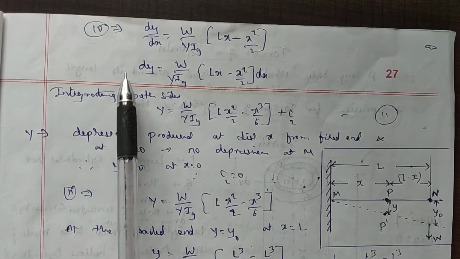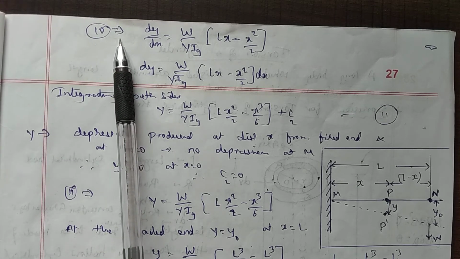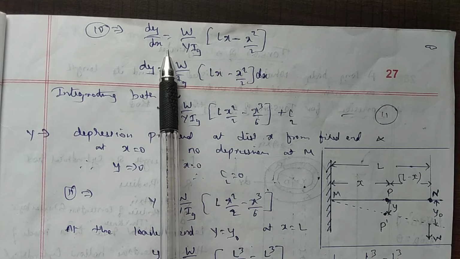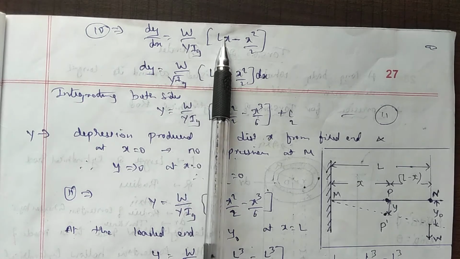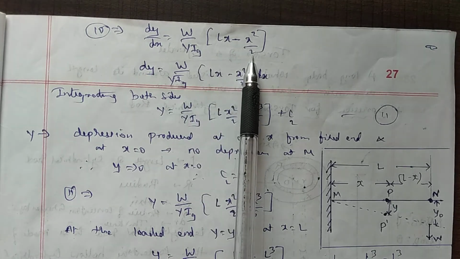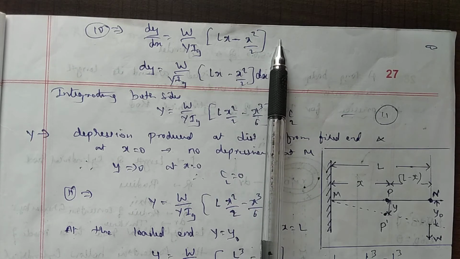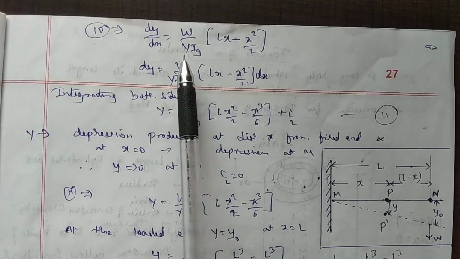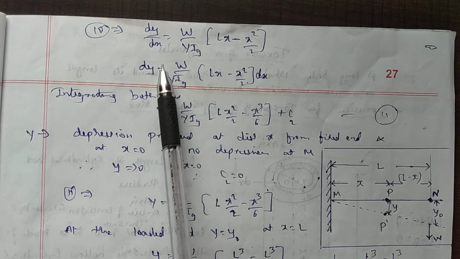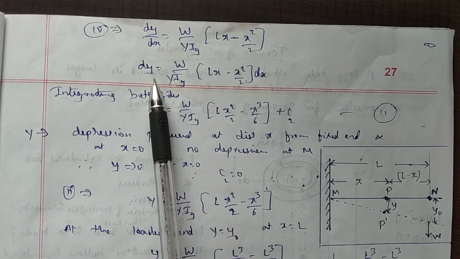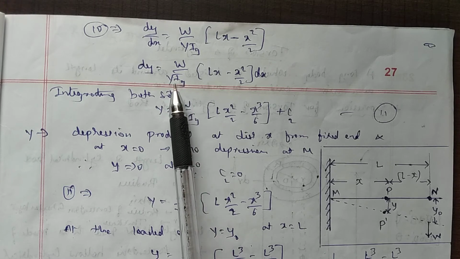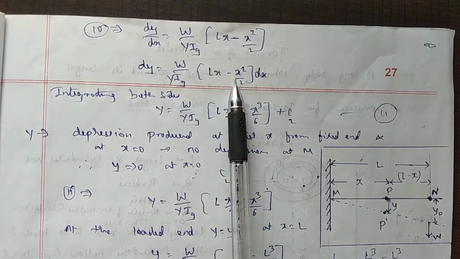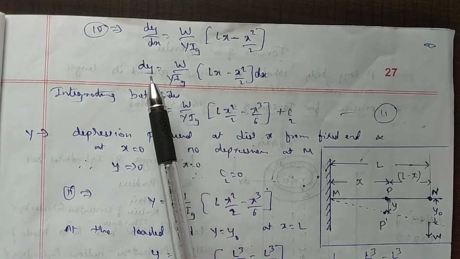Next, equation 10 reduces to dy by dx is equal to W by Y into Ig into Lx minus x square by 2 plus 0, because c1 is 0. Once again rearranging the terms, dy by dx is equal to W by Y into Ig into L minus x square by 2 into dx.